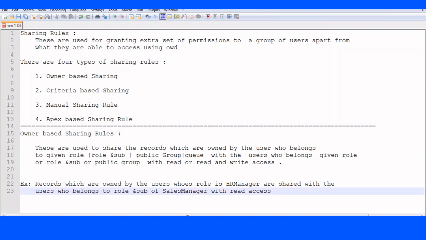Records owned by the user are shared with the other set of users. Then what is the other one we have?